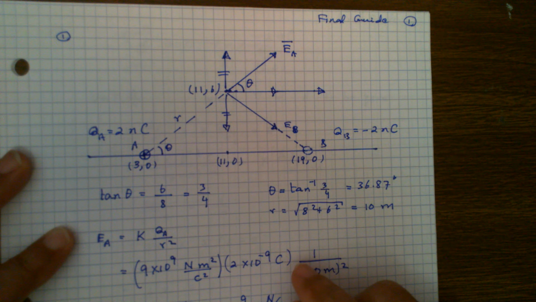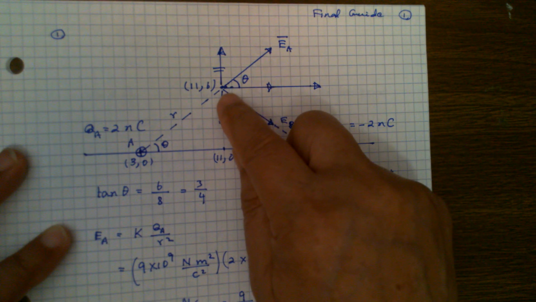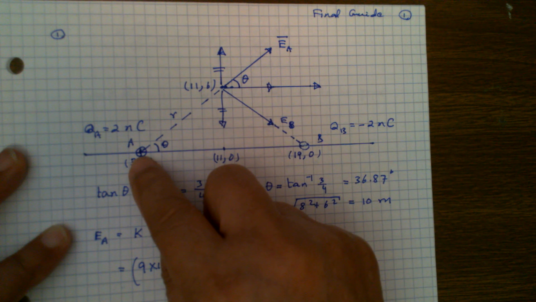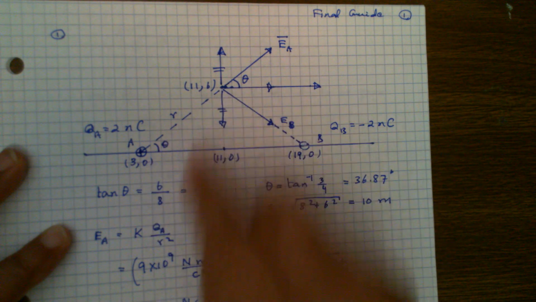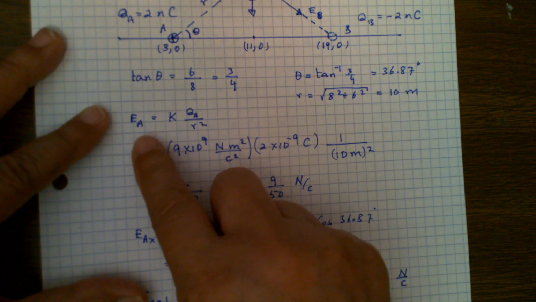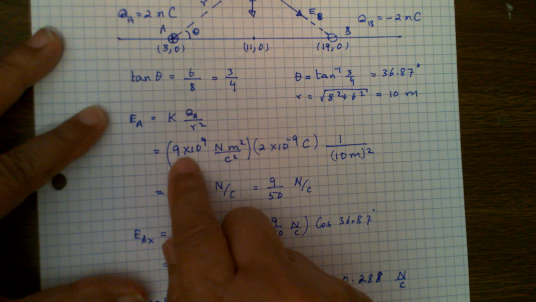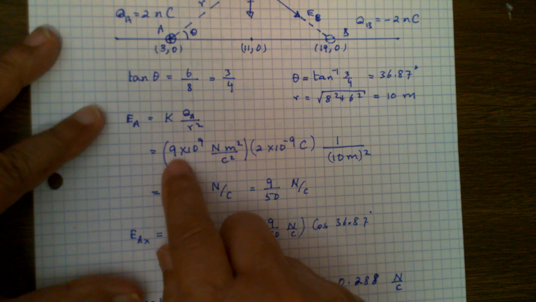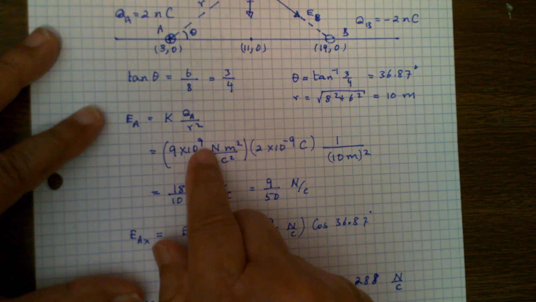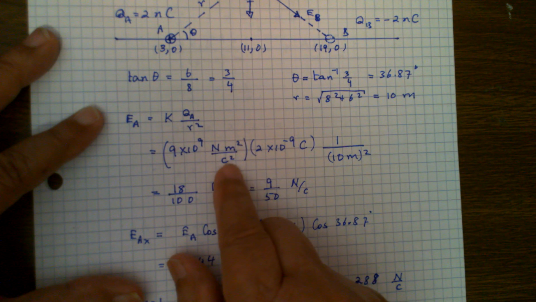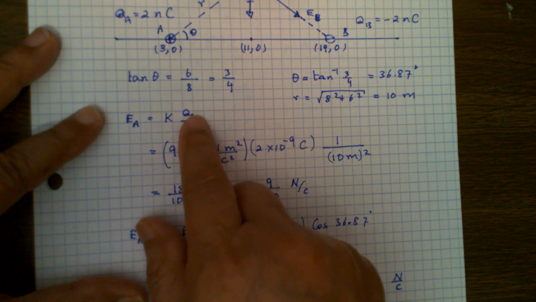In order to find the magnitude, first of all, you want to find the electric field E coming from charge A. So let's find that. EA is equal to kQ over R squared, and k is, as usual, 9 times 10 to the power 9 newton meter squared per coulomb squared.